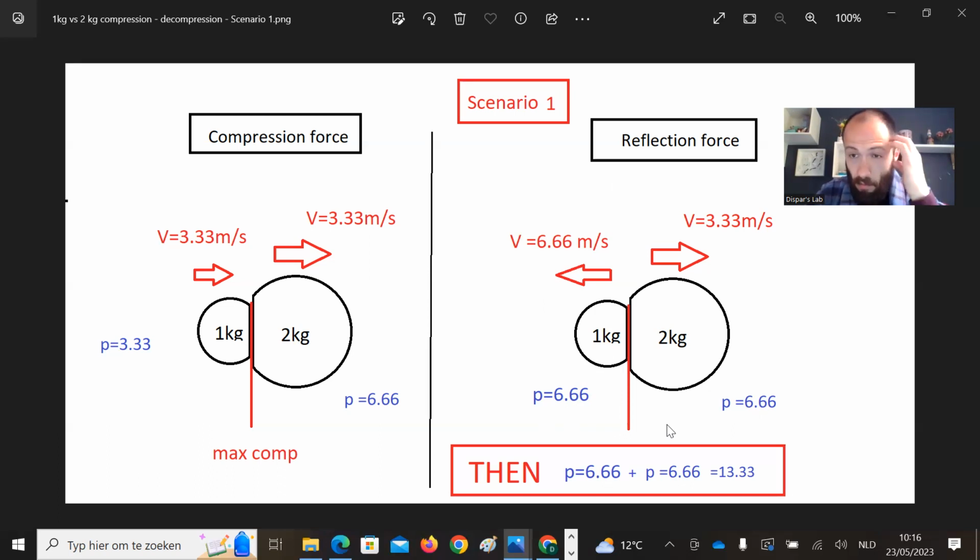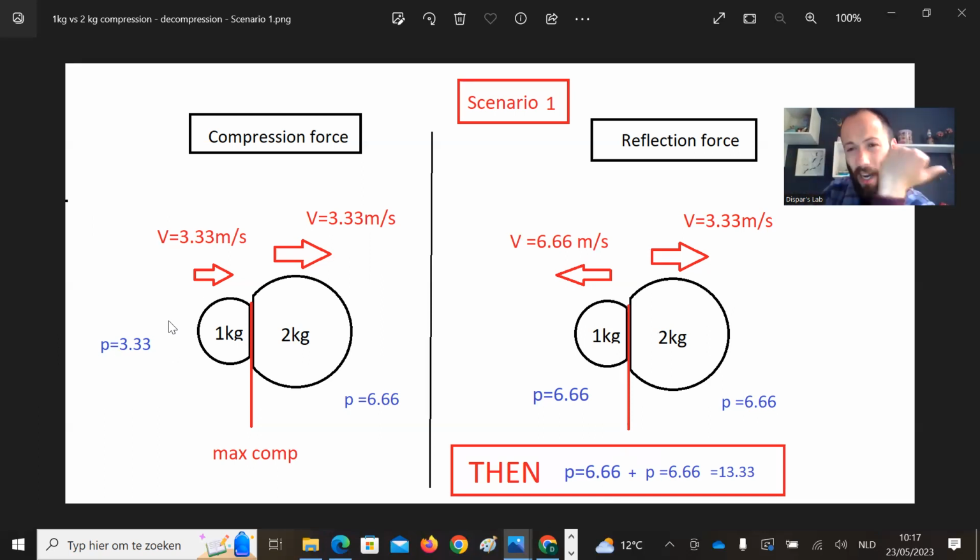So, to be honest, I also don't understand this in a theoretical way. It probably still has to do with the negative aspect, that it's going in the opposite direction, but it can't undo, the momentum can't undo itself, right? So it went in with a momentum of, at the maximum compression point, the momentum is 3.33.